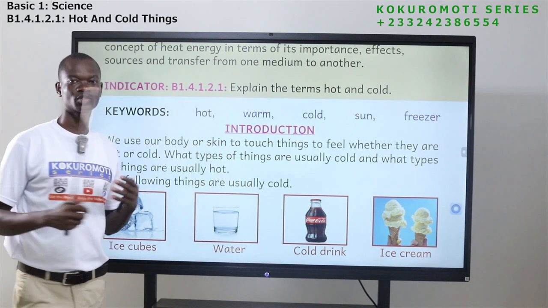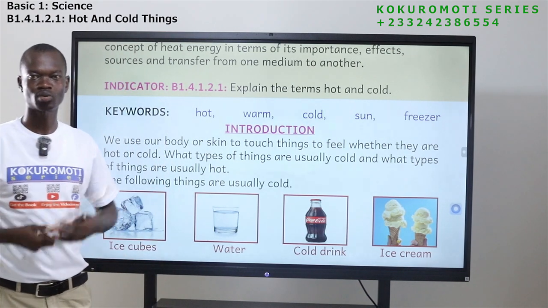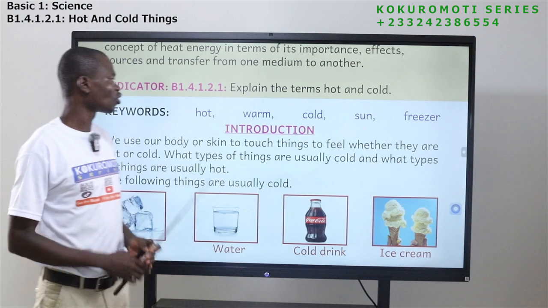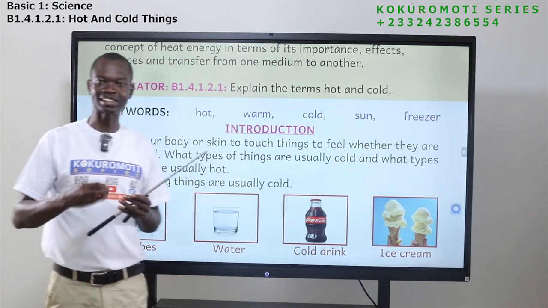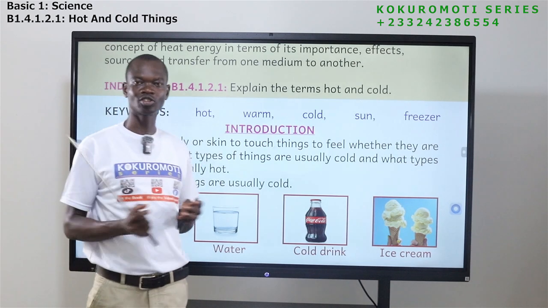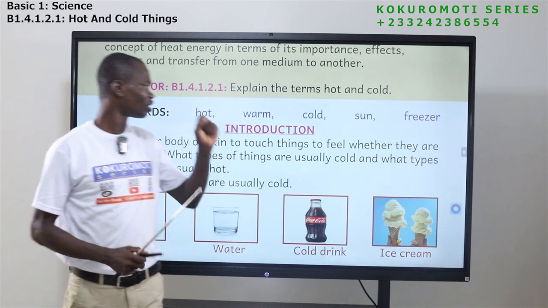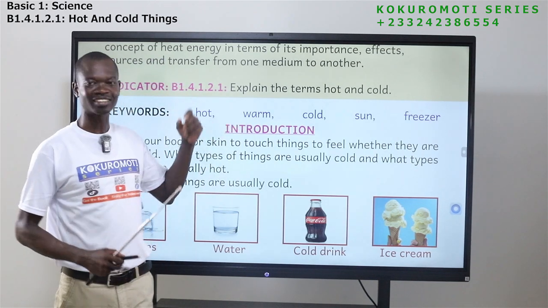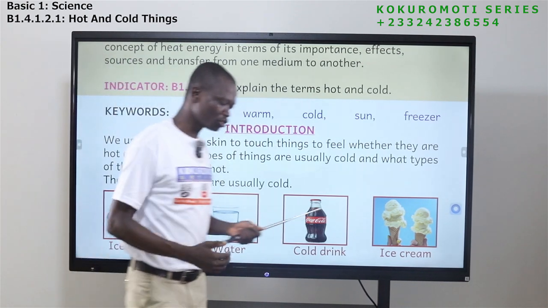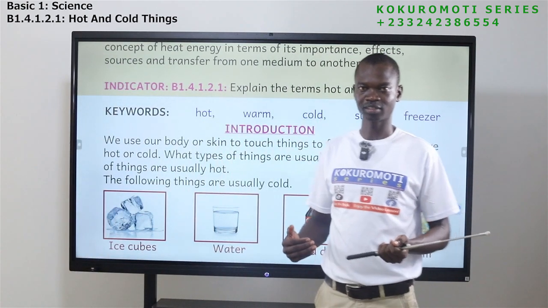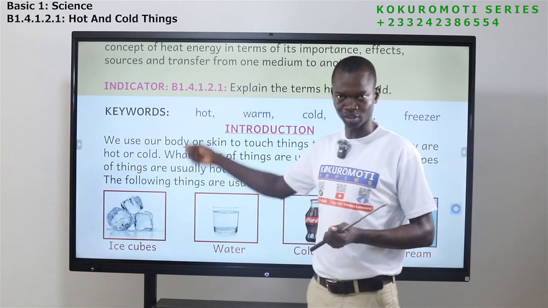So if something is hot, it means it contains heat. Warm too is something that contains heat, but the heat that it contains is not as much as hot things. For example, if you are boiling water, if you are cooking, the water starts boiling when it gets hot.